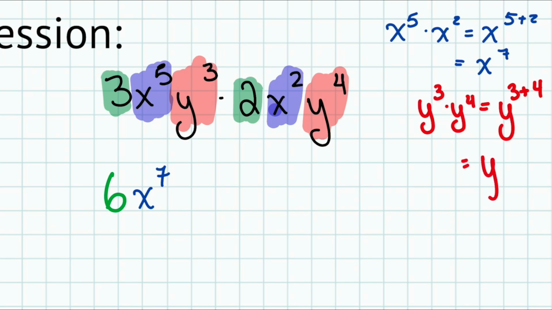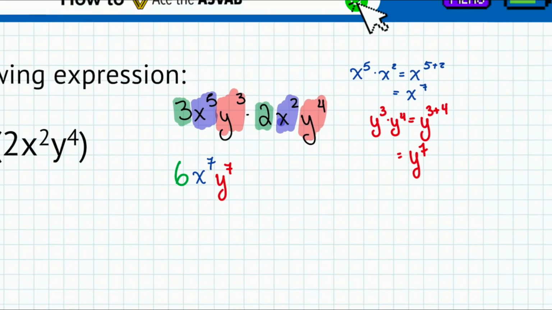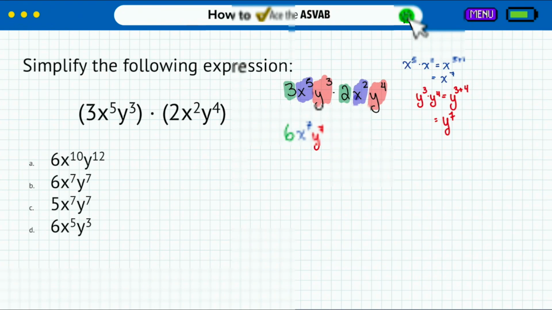And that's going to give us y to the power of 7. Booyah, and there we go. That's why the correct answer to this question, my party people, is going to be B. 6x to the power of 7, y to the power of 7.